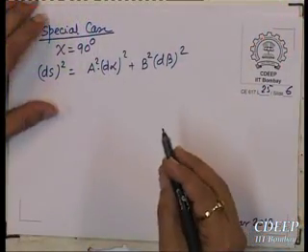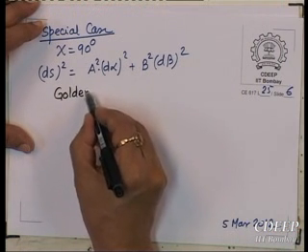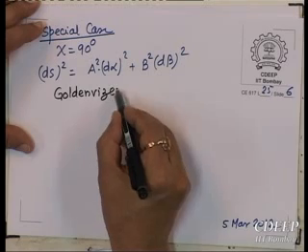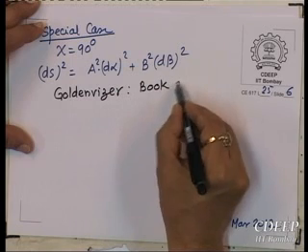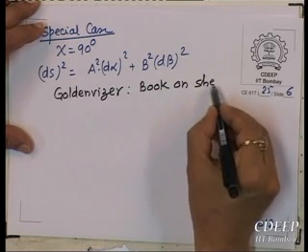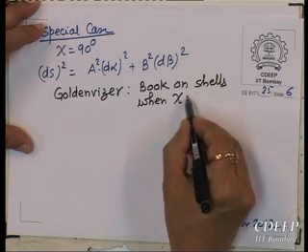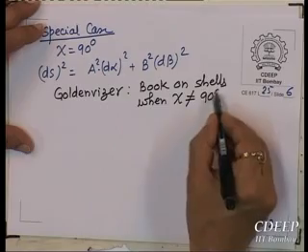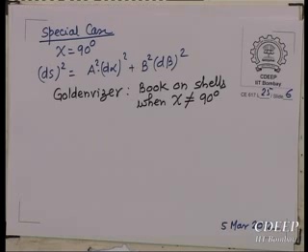At least see the Goldenweiser. This is a book on shells when kappa is not 90. As you see from the name, he is from the Soviet bloc. It's a classic book, Goldenweiser.